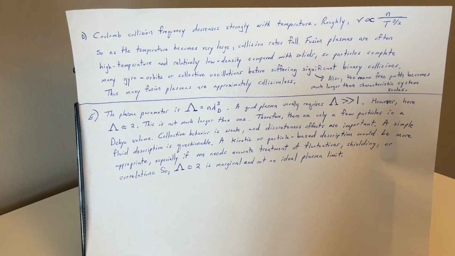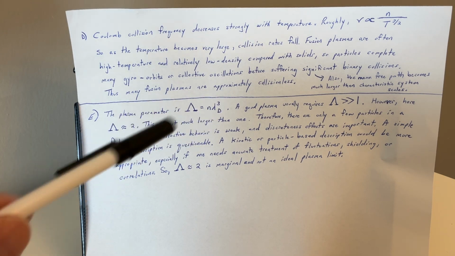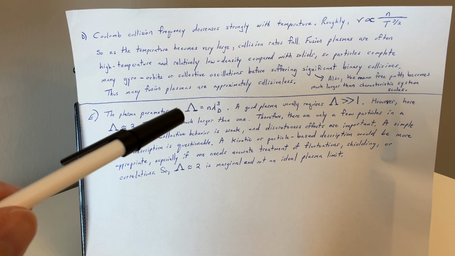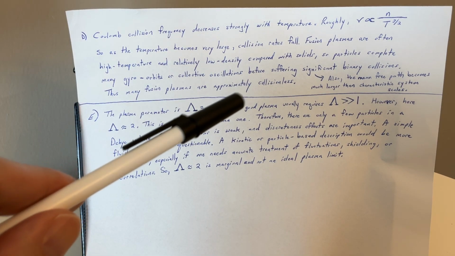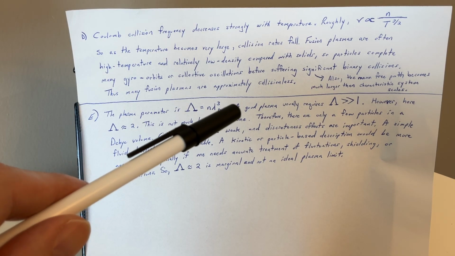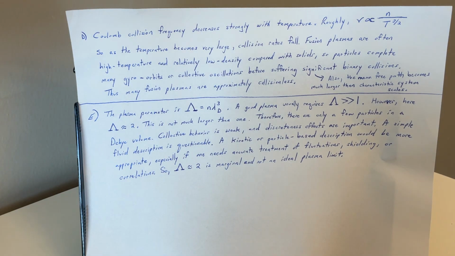So the plasma parameter Lambda is equal to n lambda D cubed. A good plasma usually requires this Lambda to be much greater than 1.